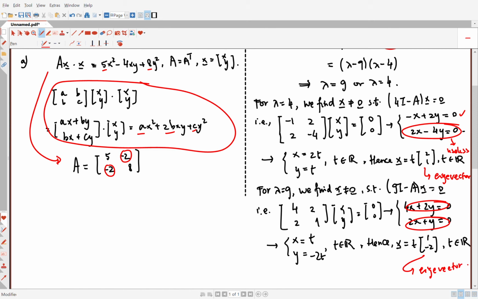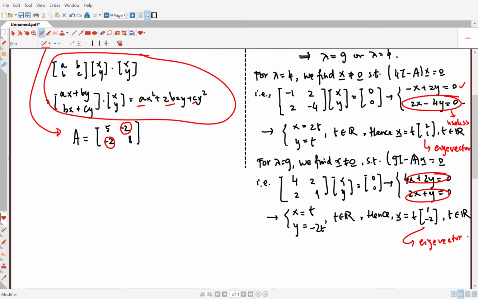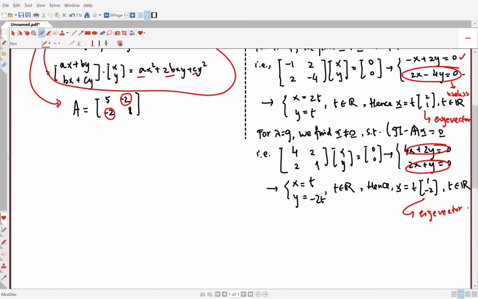Okay, but for this question, what we want is an orthogonal matrix P that diagonalizes A. So instead of using these as our basis, we need to normalize them.